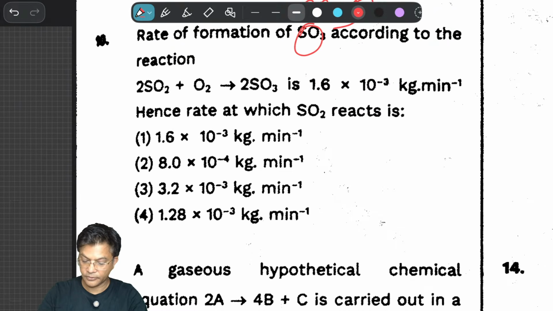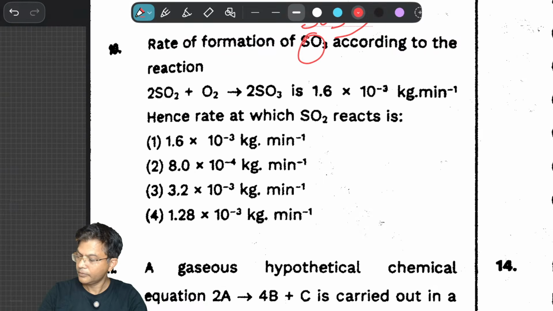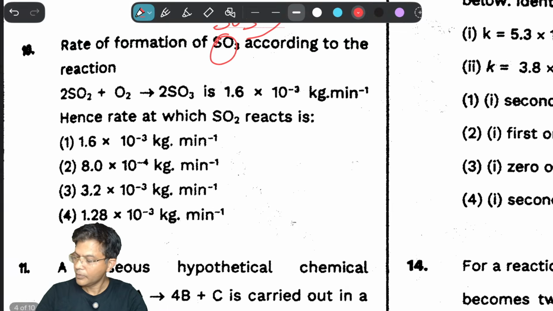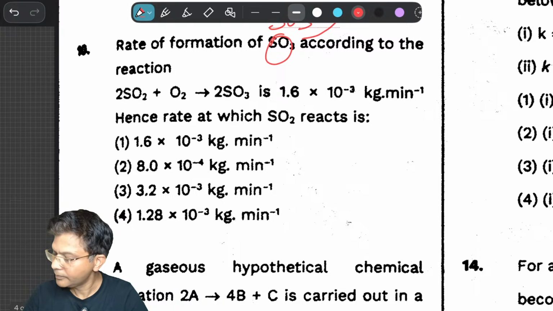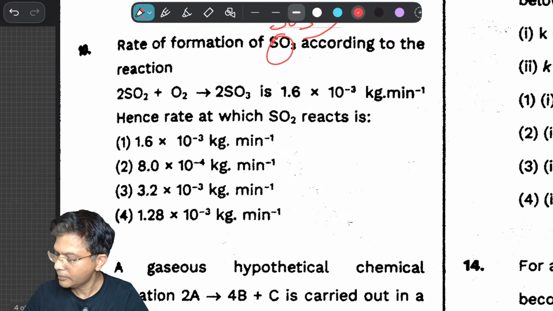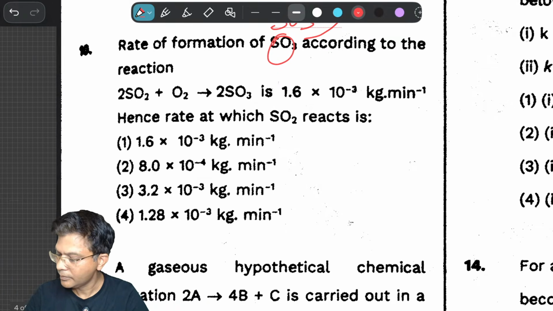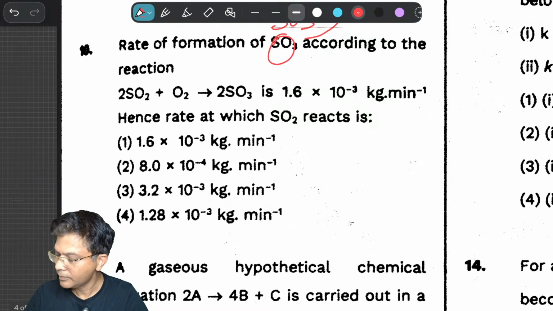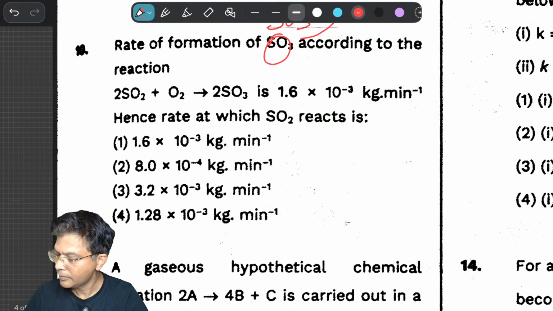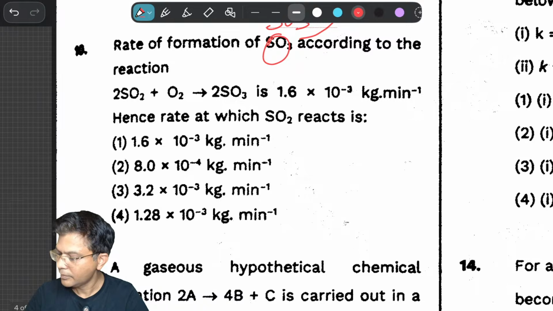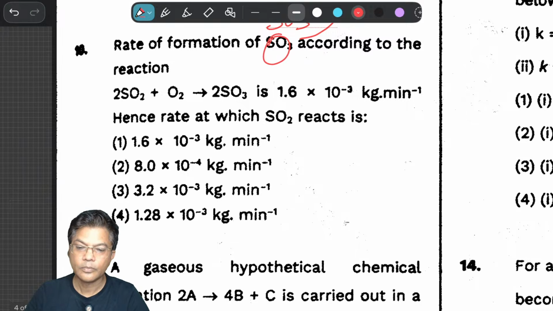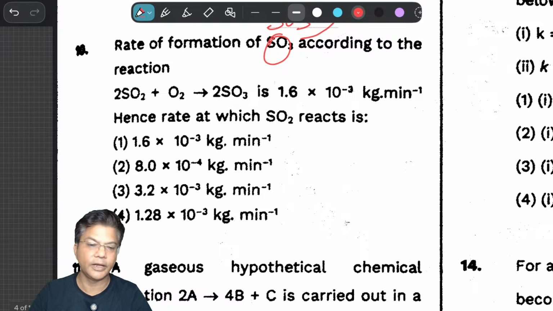Fast, kids, fast. Let's see who is going to solve it.